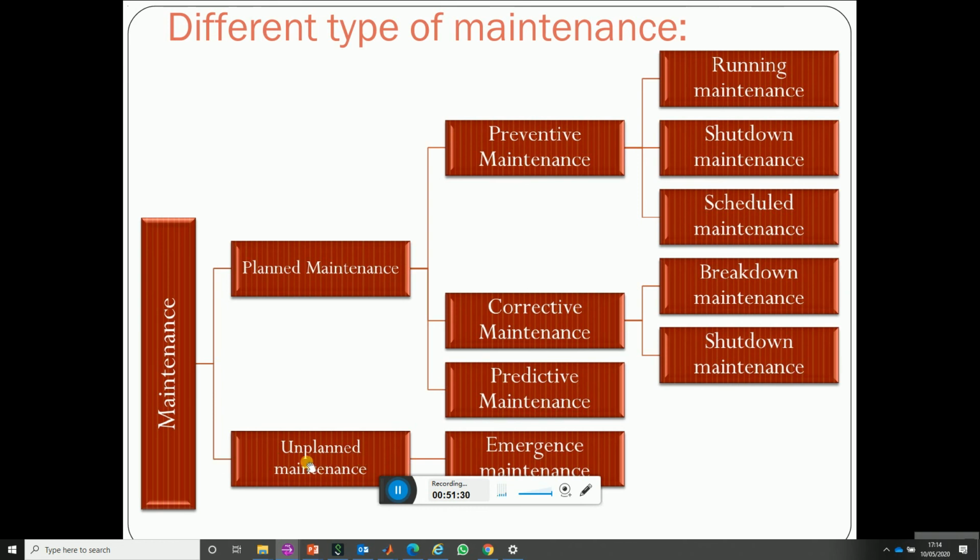Right? In most industries, most of the problems engineering teams face are due to unscheduled maintenance. The overall cost of maintenance for a given company, let's say PIA, is substantially influenced by unscheduled maintenance problems.